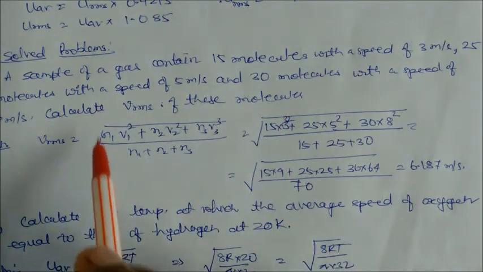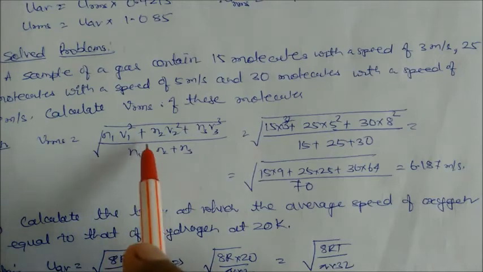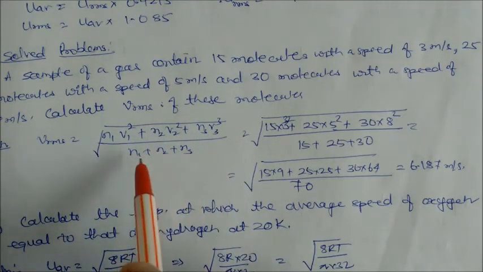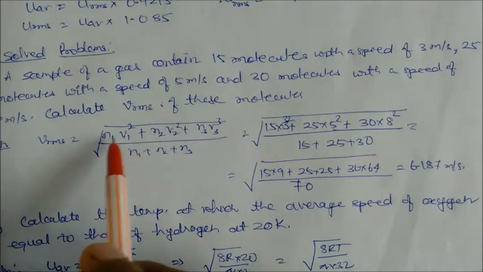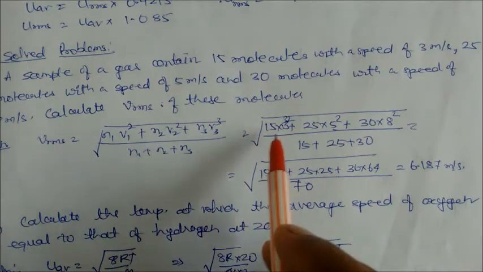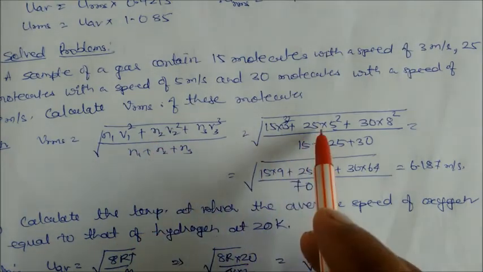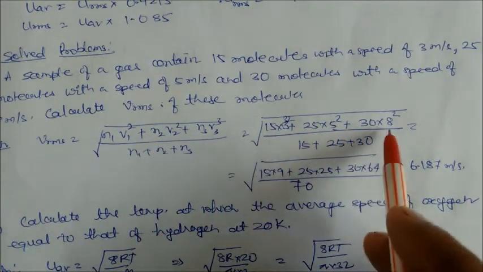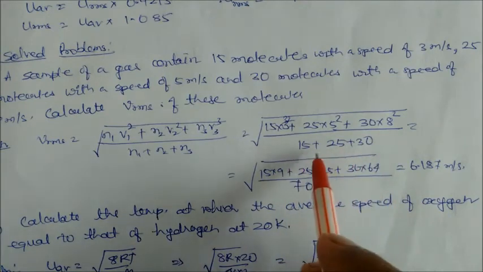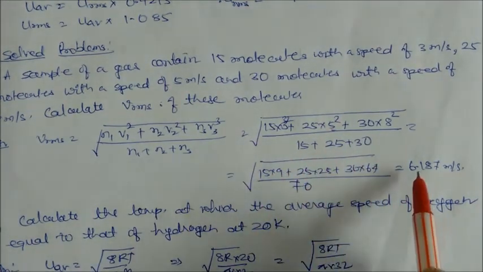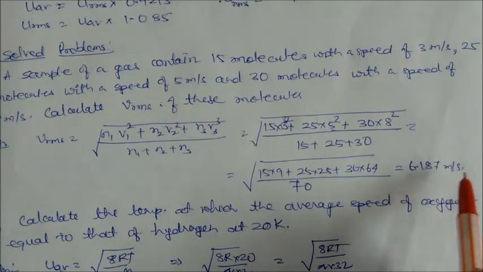URMS equals, use this formula, N1 V1 square plus N2 V2 square plus N3 V3 square divided by the total number of molecules. So take 15 into 3 square, plus 25 into 5 square, plus 30 into 8 square, divided by the total number of molecules 15 plus 25 plus 30. On solving, you will get the speed 6.187 meter per second.